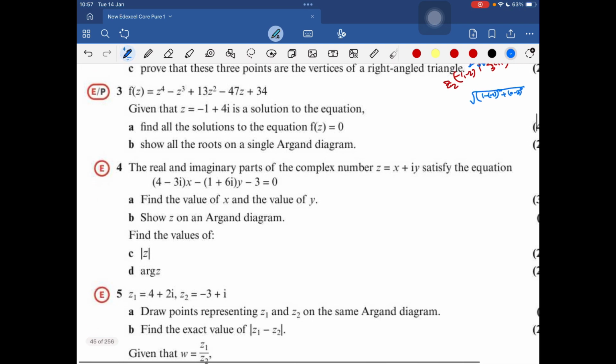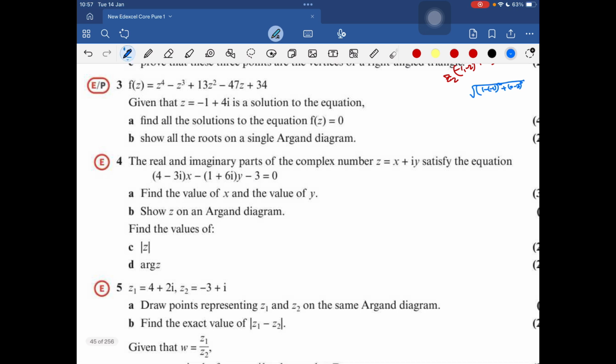Number 3. Now we have negative 1 plus 4i as a solution, which means negative 1 minus 4i is another solution. So now we have one quadratic factor, which is z squared minus the sum, negative 2, so plus 2z, and the product, plus 17. And the other factor, we don't know what it is, z squared plus az plus b.